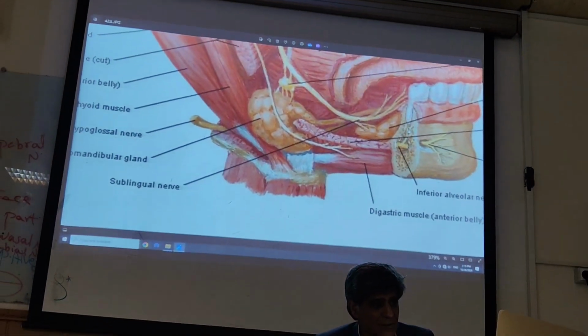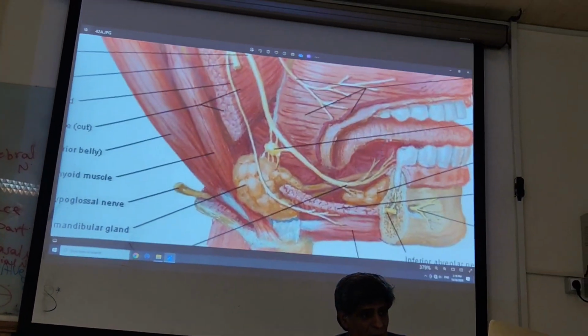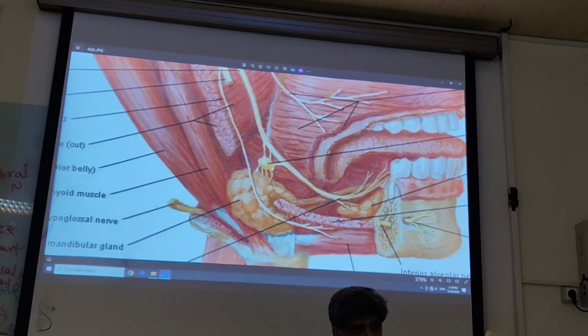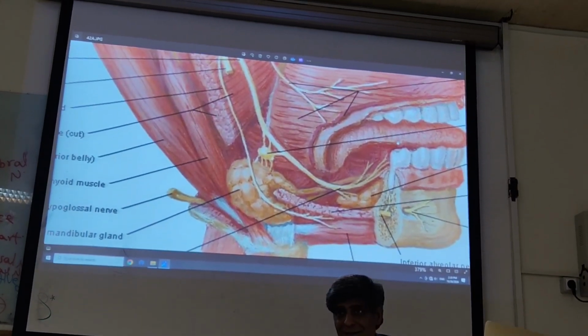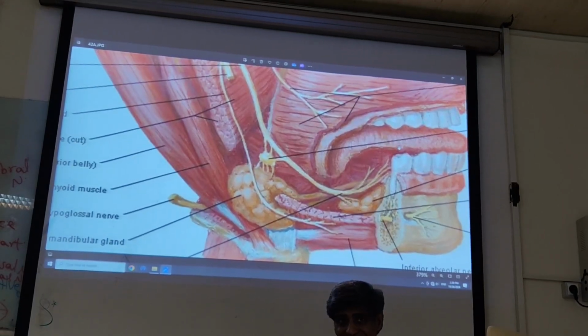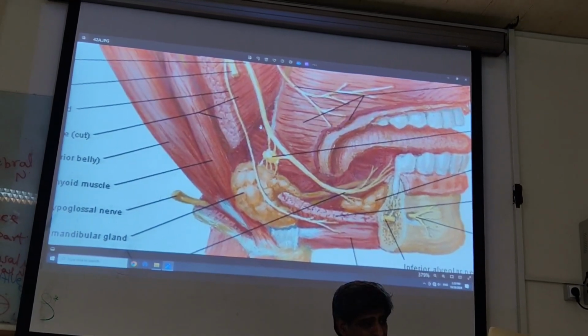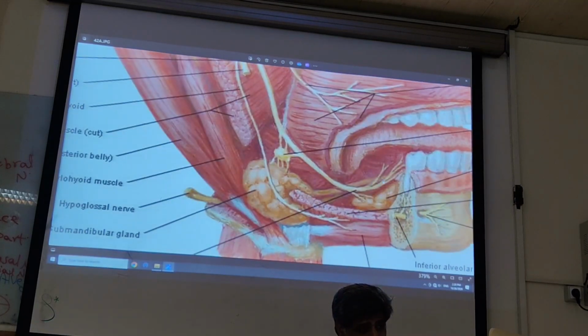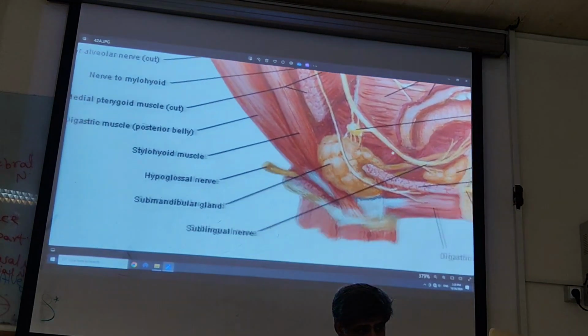Okay, and the tongue: the anterior two-thirds of the tongue. Taste by chorda tympani, sensory by lingual.